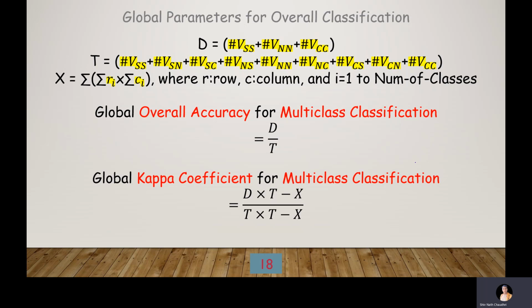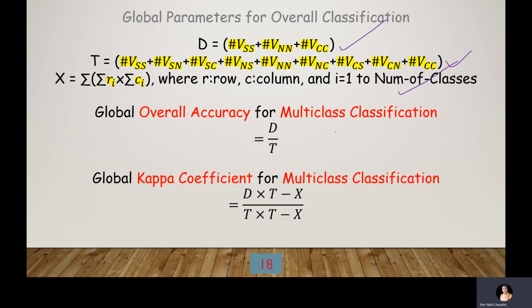After discussing all the parameters in detail, now we will observe the overall performance of the multi-class classification problem measured by global overall accuracy and global kappa coefficient. For convenience, we will first calculate three variables D, T, and X, where D is the sum of principal diagonal elements, T is the total of all the elements in the confusion matrix, and X is the sum of the products of the sum of rows and columns respectively.